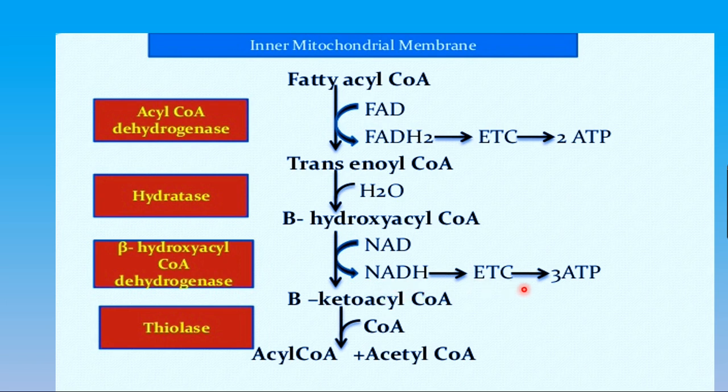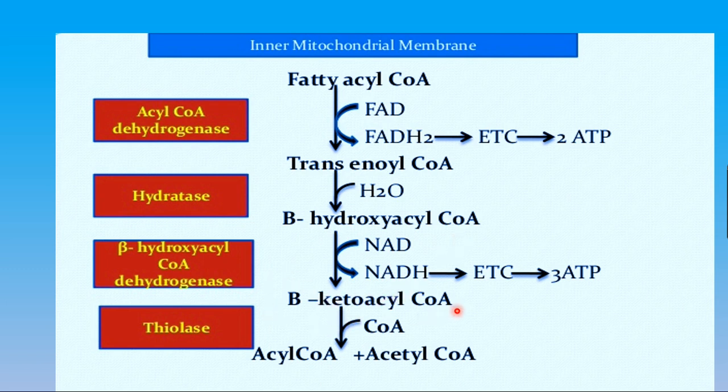Again this enters into the ETC, the electron transport chain, and you have the generation of 3 molecules of ATP. Now, what is the compound that you got because of this oxidation mechanism? That is beta ketoacyl CoA. This is the third step. Beta ketoacyl CoA is the one which you got because of the oxidation of beta hydroxyacyl CoA.